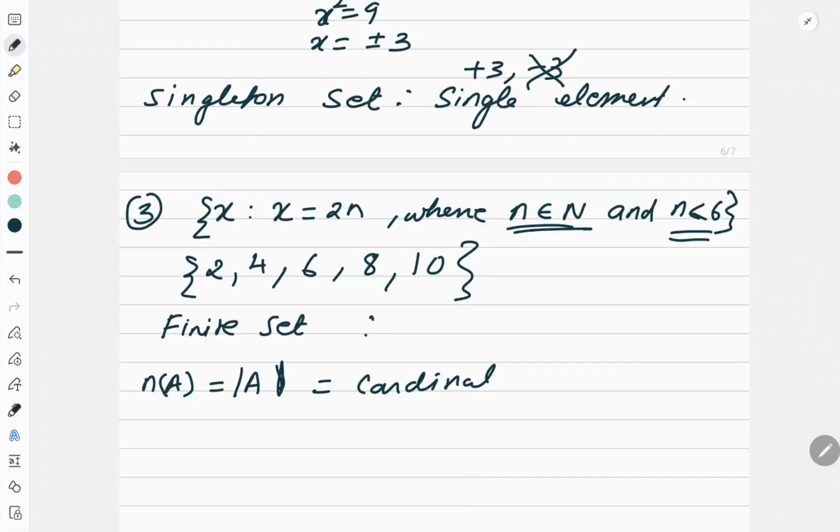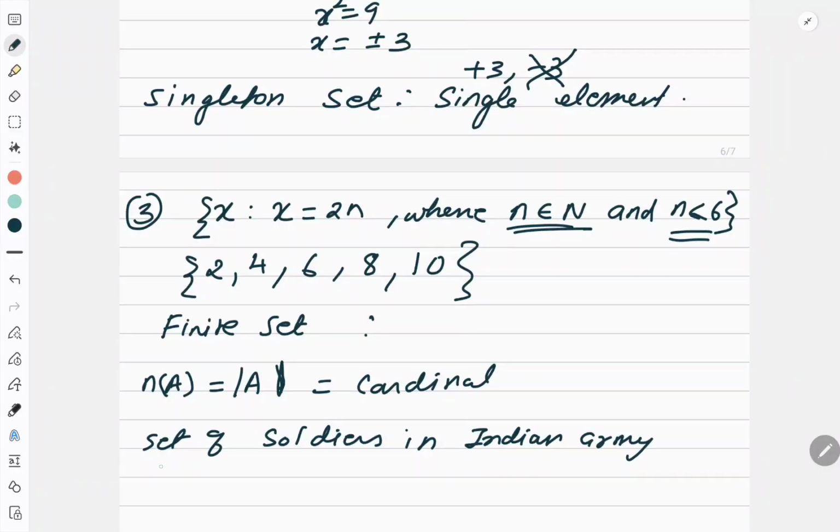I cannot go and count, but I know that the government has a count for it. So it is a finite set.